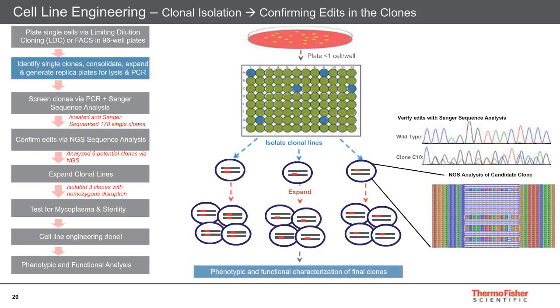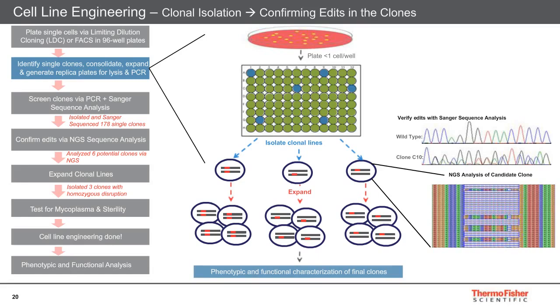So we performed the limiting dilution cloning here, identified single growing colonies. Single growing colonies were scored through a simple Sanger sequencing method for presence of indels. The candidates that had indels were scored further and analyzed by next generation sequencing for the nature of indels.